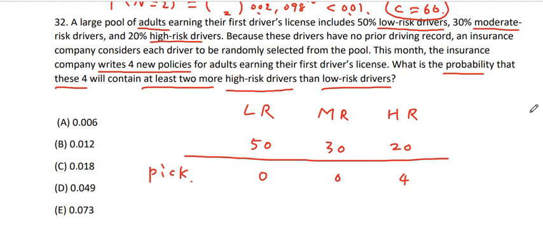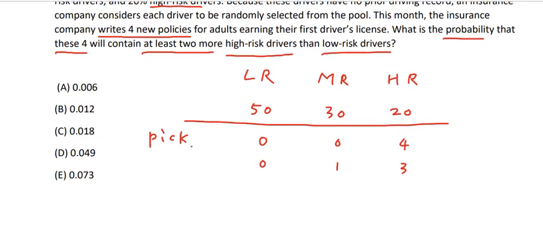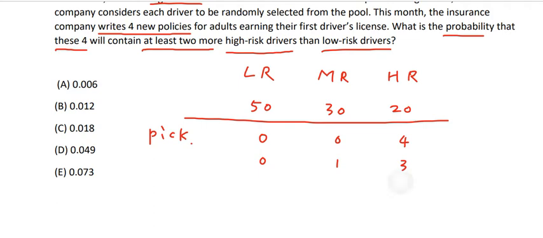If this is 3, 0, 1, or 3, 1, 0, is okay.